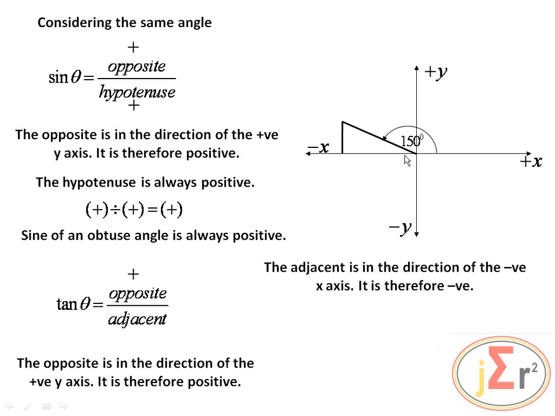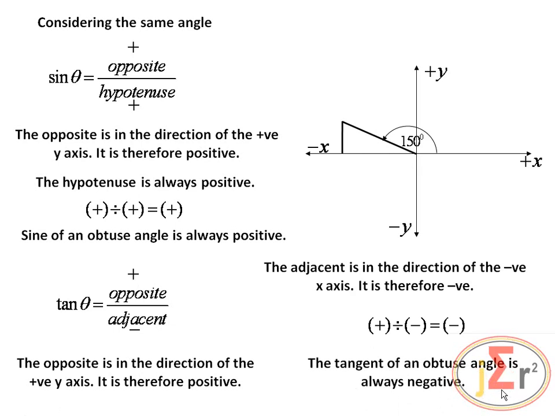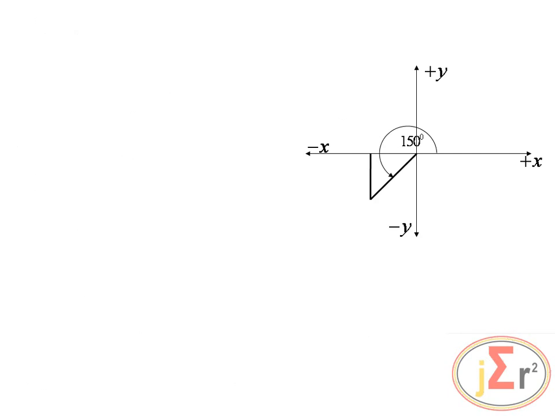So the adjacent is negative. Positive divided by negative is equal to negative. The tangent of an obtuse angle is always negative. Good.